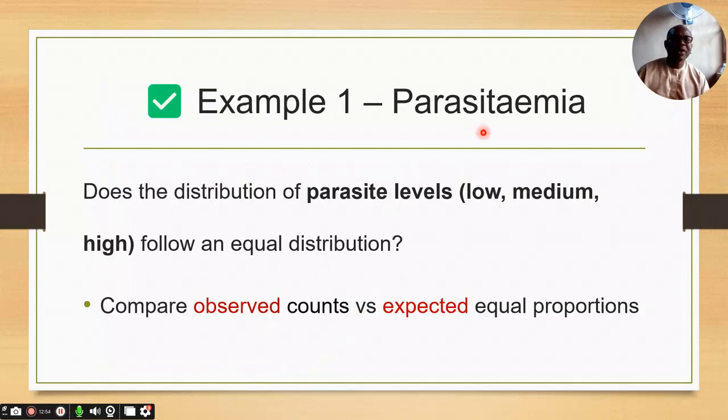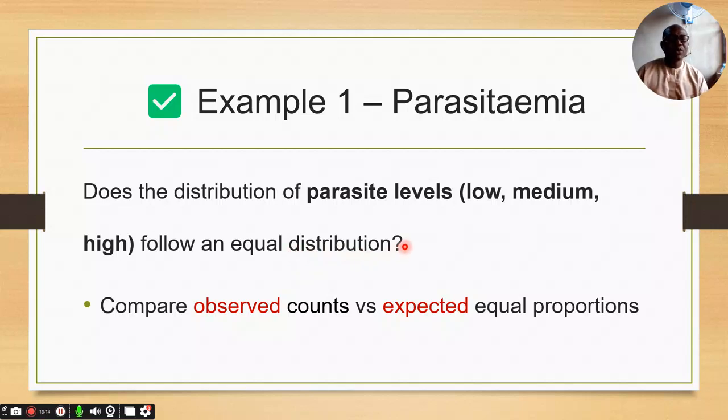Now, the first example here is on parasitemia. Does the distribution of parasite level, whether low, medium, or high, follow an equal distribution?